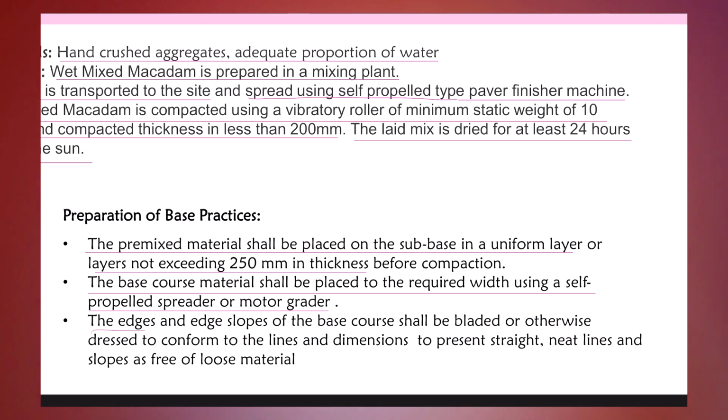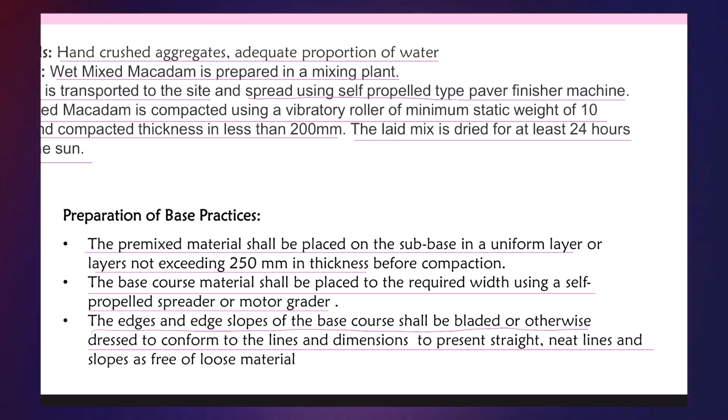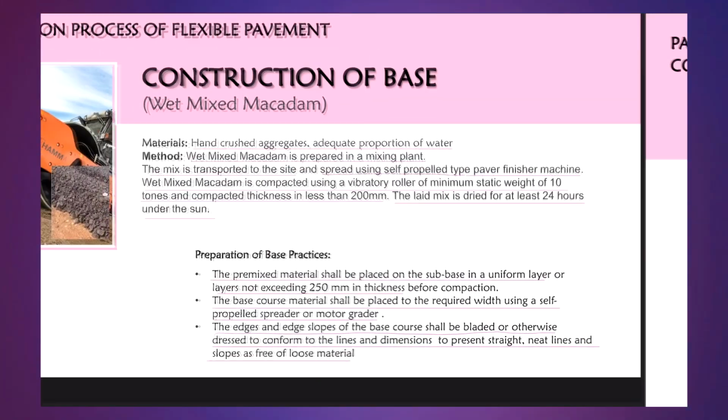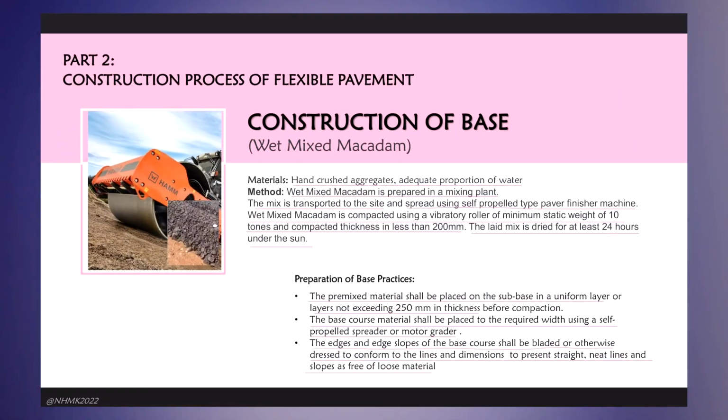The edges and edge slopes of the base course shall then be bladed or otherwise dressed to conform to the lines and dimensions to present straight, neat lines and slopes as free of loose material. So that is the construction of base using wet mixed macadam.